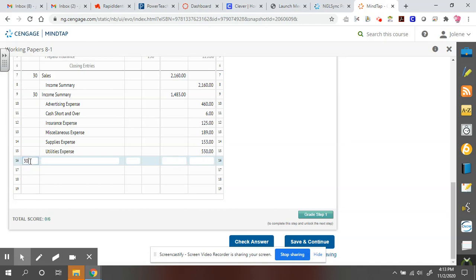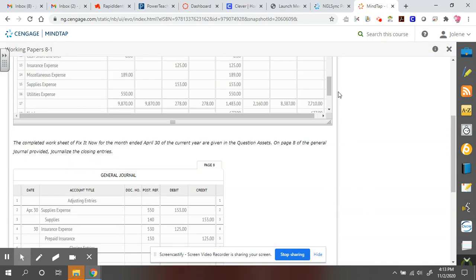The next thing we have to close out is the example on page 220. Here we're going to use income summary as our debit.